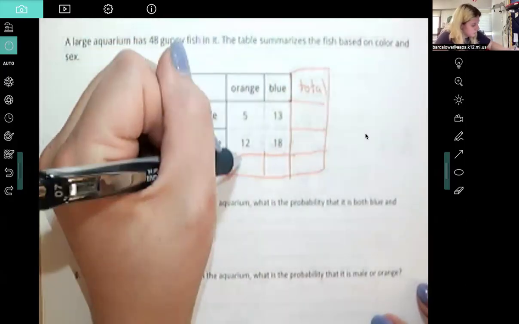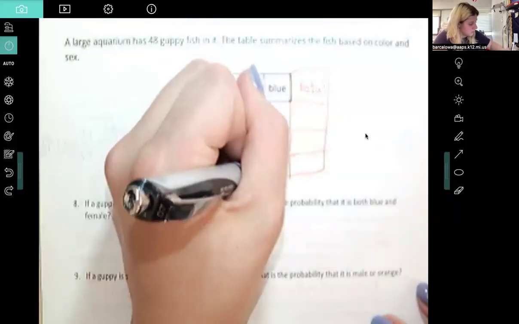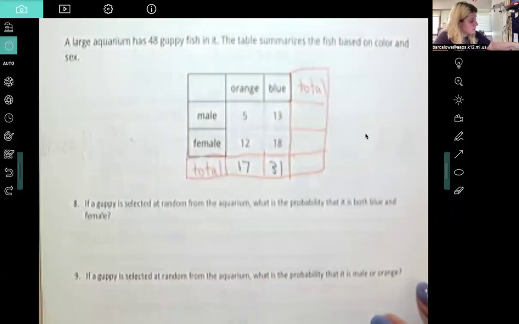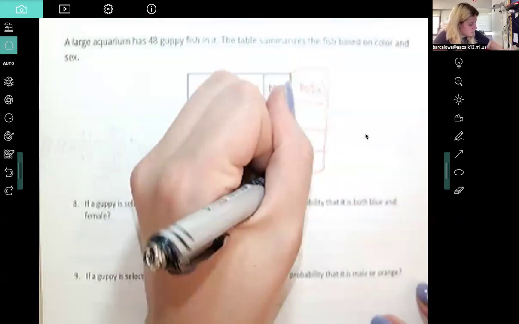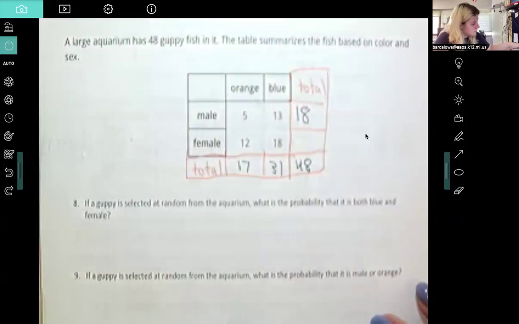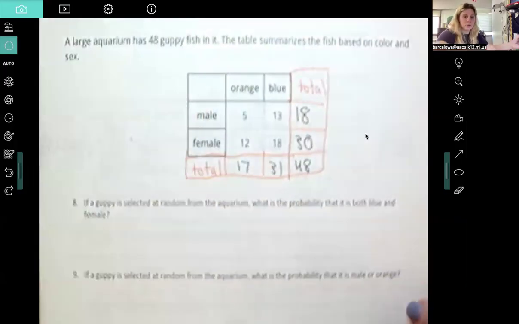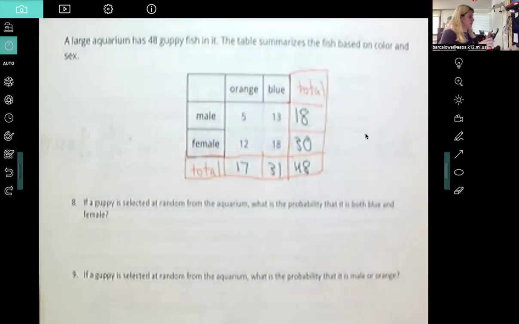So 5 plus 12, 17. 13 plus 18, I think that's 31. Make sure that you check that the totals add up going up and down and side to side.